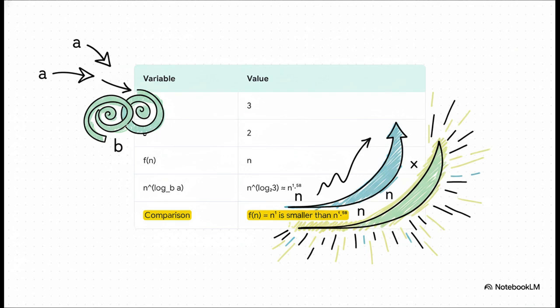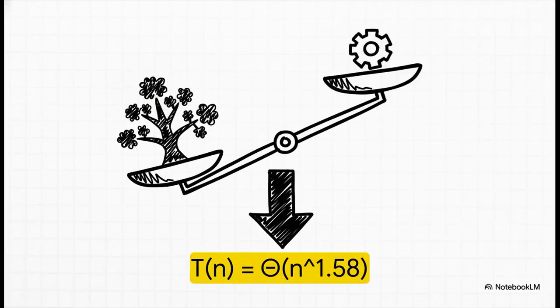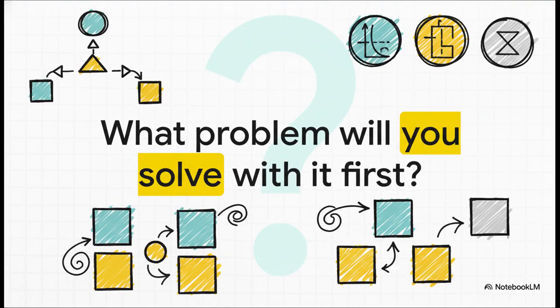So we're comparing n to the power of 1.58 against our f of n, which is just n to the power of 1. It's pretty clear which one is bigger, right? That n to the 1.58 is going to grow way, way faster. This is a classic case 1 scenario. The recursive work completely dominates. It wins the tug-of-war, hands down. So the runtime is just that critical value we calculated, theta of n to the power of log base 2 of 3.